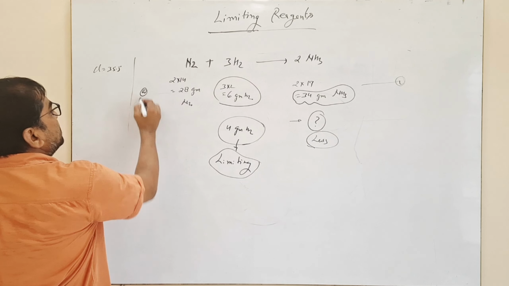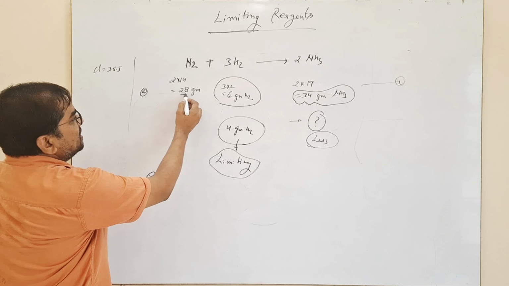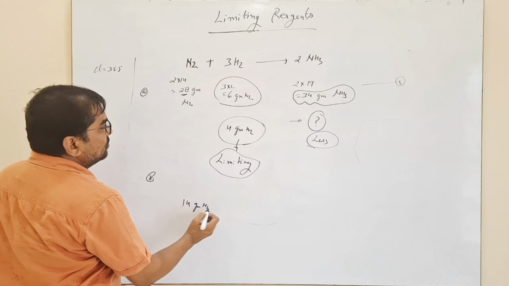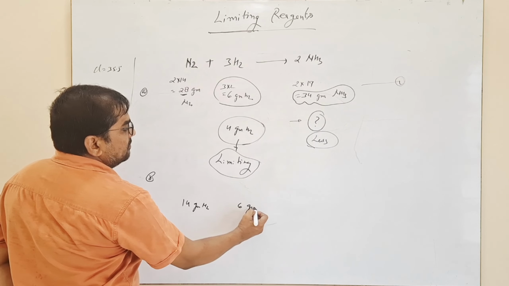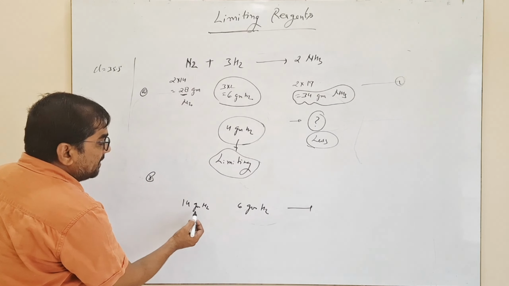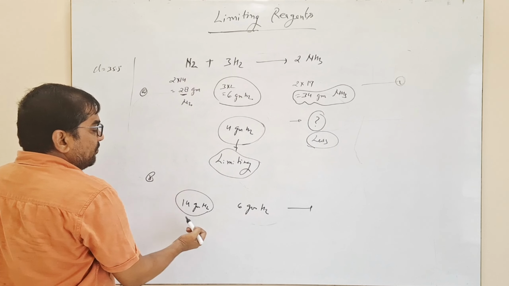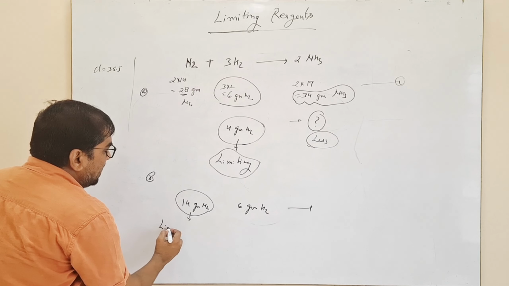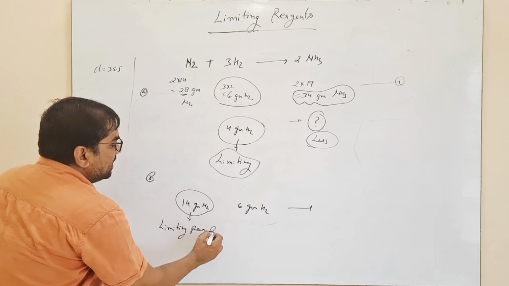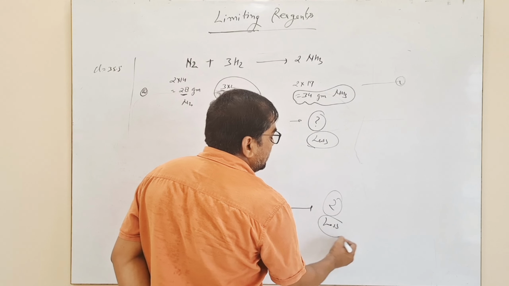The same situation if we change: in place of 28 gram we use just 14 gram of nitrogen, and the hydrogen value remains the same, 6 gram. Since the value of nitrogen becomes less than the balanced chemical change, dinitrogen will now behave as the limiting reagent, and again the product formed will be less than the balanced chemical change.